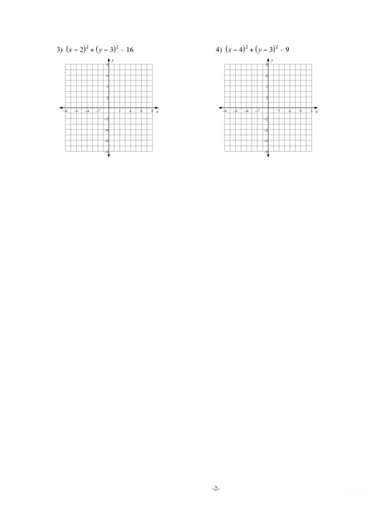These next two are pretty basic. If you look at the equation up here that they give you, the center is going to be 2, 3, opposite signs of the -2 and the -3. And the radius is the square root of 16, which is 4. So we go 2, 3. We go over 4, left 4, up 4, down 4, and draw our circle.